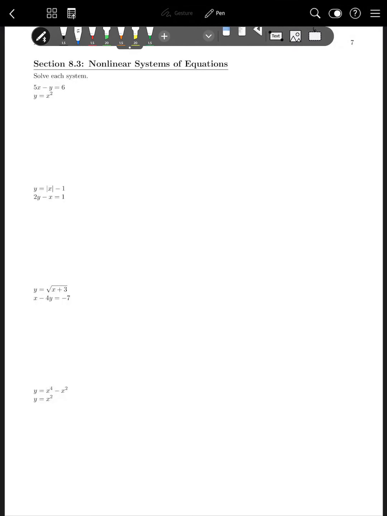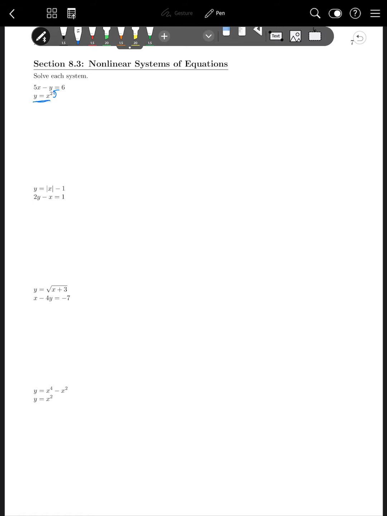So first off, before we get to the graphing, let's talk about this idea that I could solve these using methods we've talked about before, algebraically. For example, for this first equation, I could use the substitution method, because y equals x squared will allow me to substitute x squared in for y in the first equation.